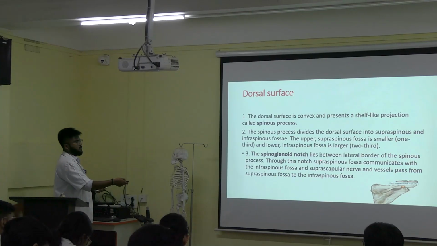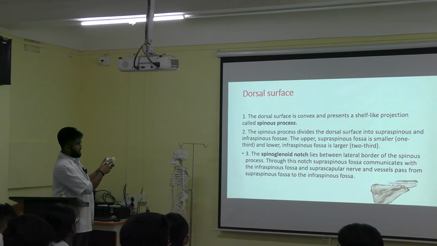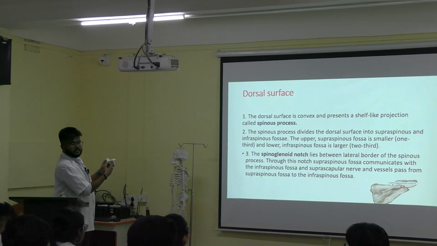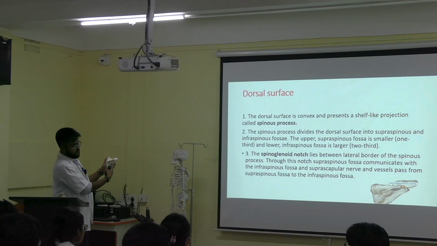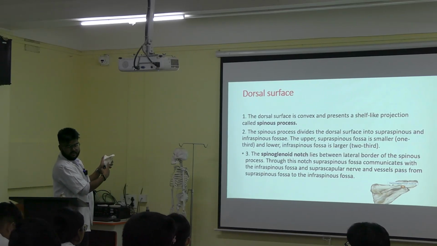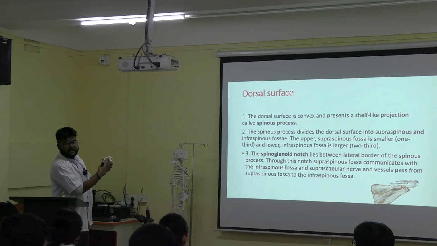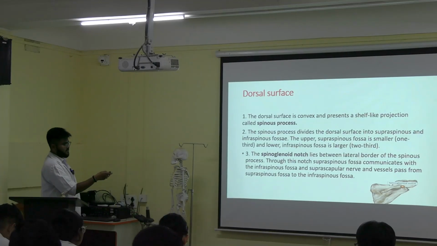The spinoglenoid notch lies in between the lateral border of the spine and the glenoid cavity. Through this notch, the supraspinatus fossa communicates with the infraspinatus fossa. Which artery and nerve pass here? The suprascapular artery and nerve pass through this.